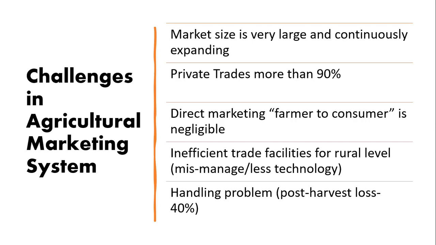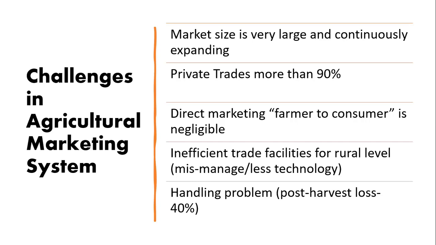I think you got my points. 90 to 95% are private traders. Those traders are not properly monitored, and the information distribution is not fair and not transparent among the stakeholders. Therefore, unfair decision making happens between producer and consumer. So that monitoring mechanism and information observation should be there. This is one challenge in the Sri Lankan scenario.